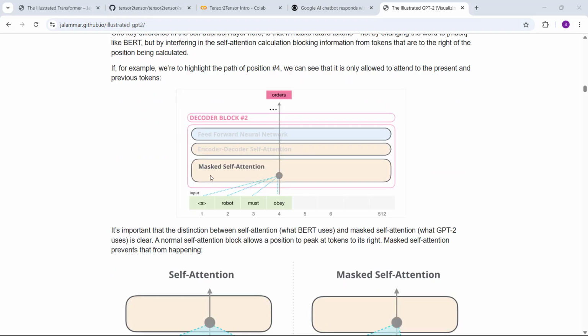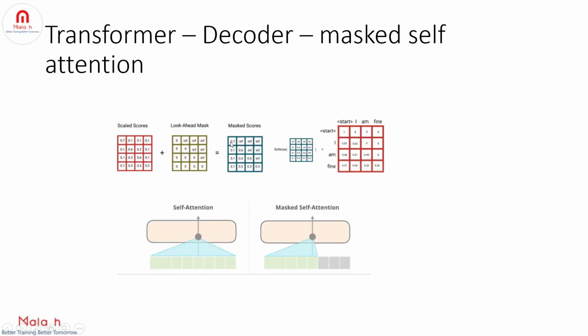Why do you need this masked self-attention in the decoder? Because the decoder only knows the attention score of the starting sequence in step number 1, and all the remaining will be masked. In step number 2, we pass the starting sequence and the predicted word, and then it will know the scores of the starting sequence and the predicted word, and all the remaining will be masked with infinity. In the next step, the starting sequence and the first two predictions, and the remaining will be masked.